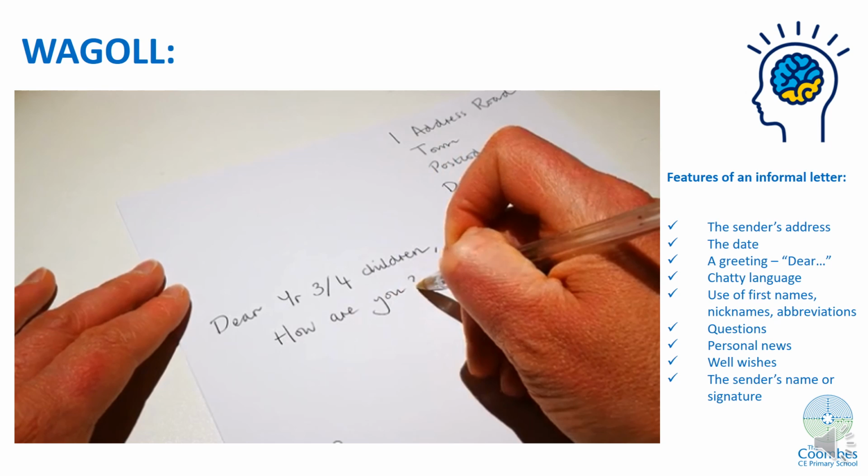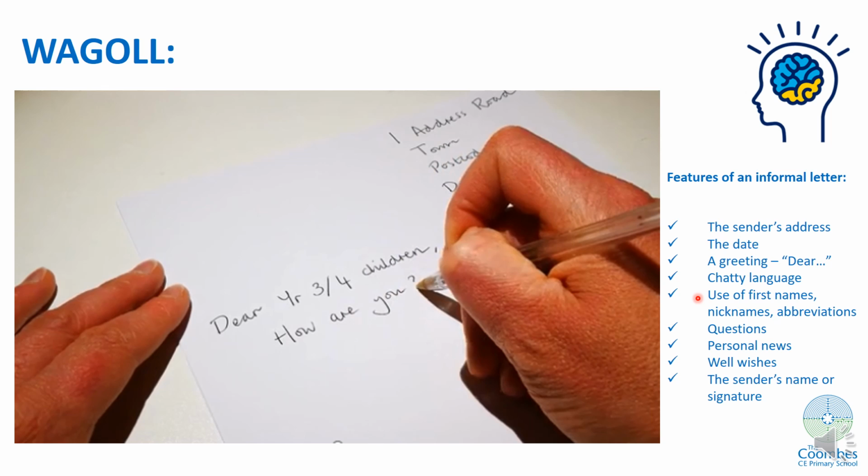So hopefully you could see that I included lots of those features in the draft of the letter that I showed you there. I certainly started my letter by writing the address in the top right hand corner along with the date. I started my letter with a greeting. I said, "Dear Year 3-4 children." And throughout my letter I used chatty language.